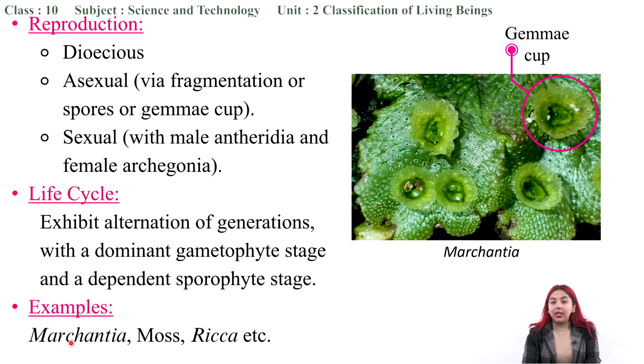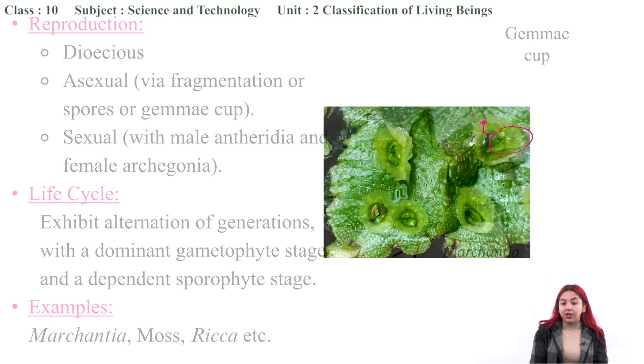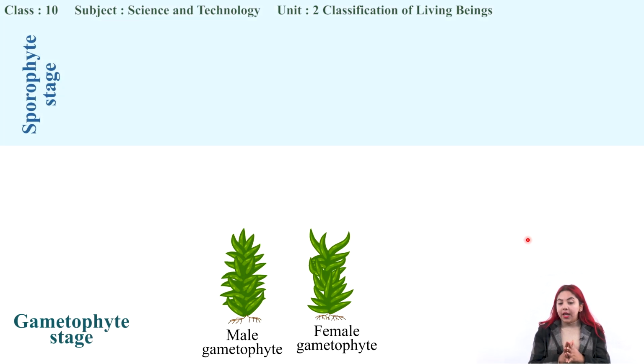Certain examples of organisms that lie in this division are Marchantia, moss, different species of moss, Riccia, etc. Now, let us study this alternation of generation and sexual mode of reproduction that I just mentioned in this slide. We have the female gametophyte and male gametophyte.